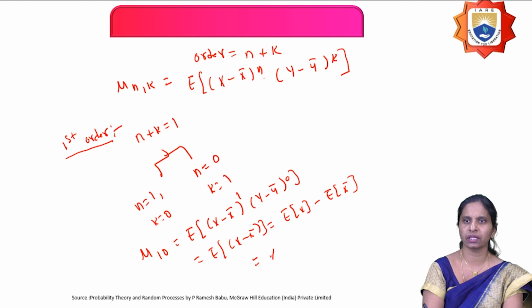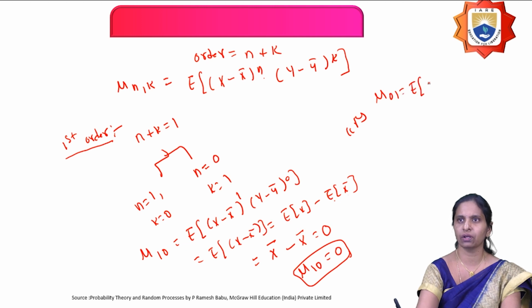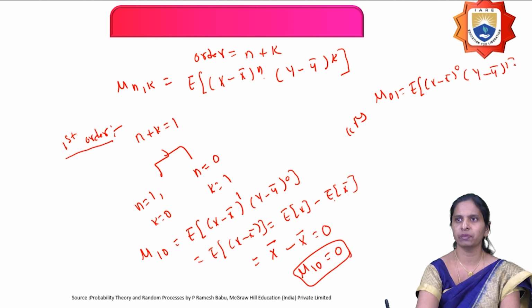What is E of x? Nothing but x bar, the mean of x. And the mean x bar here is a constant. The expectation of any constant is the constant itself, so this is equal to 0. Therefore, mu 1 0 equals 0. And similarly, mu 0 1 is equal to the expectation of (x minus x bar) power 0 into (y minus y bar) power 1.